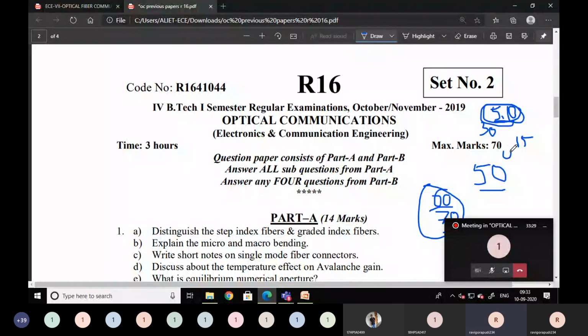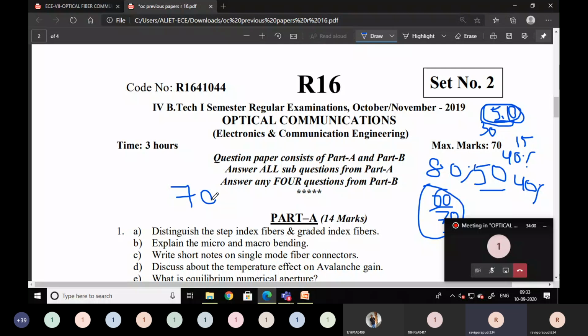Maybe 40% you will get. In the remaining 60%, you may get 40 by your hard work. 40 plus 40, that is 80%. In the internals, you must get a minimum of 80% marks. That is essential. If you have 80% in the internal, maybe you'll get 70% in the external.